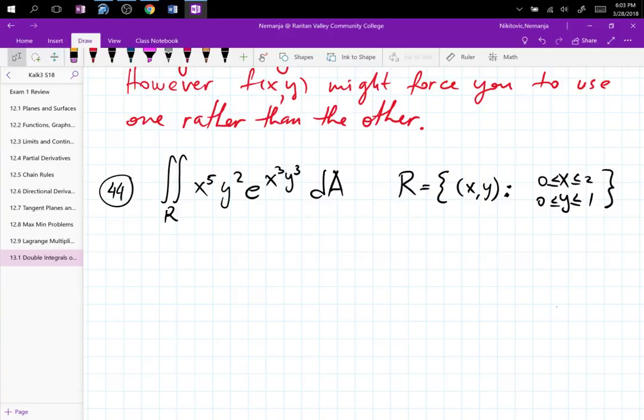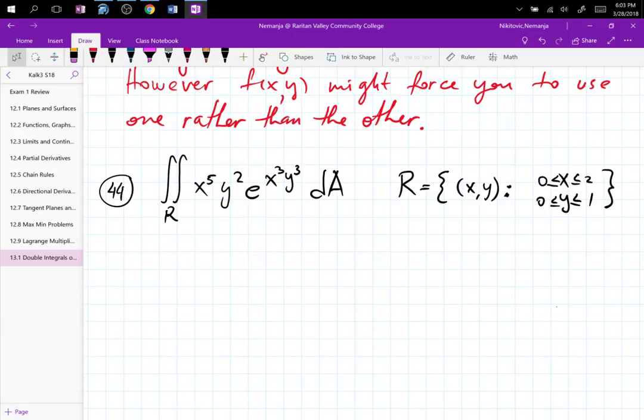Why? But you also have e to the y there. That's x cubed and y cubed. Yeah, but also if you integrate in terms of y, the x would be constant, right? Why?